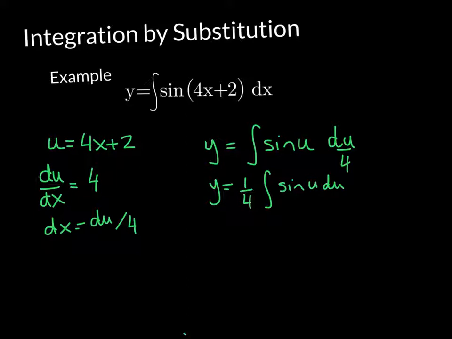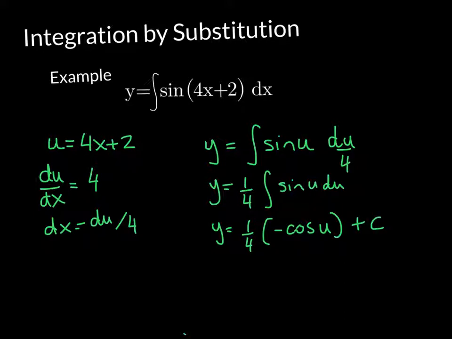If we want to integrate a sine function with respect now to u, hopefully you'll remember that if we integrate a sine function, we get a minus cosine function. So y is then equal to 1 over 4 times the integral of sine u with respect to u, which is minus cos u. And then don't forget your constant of integration as well.